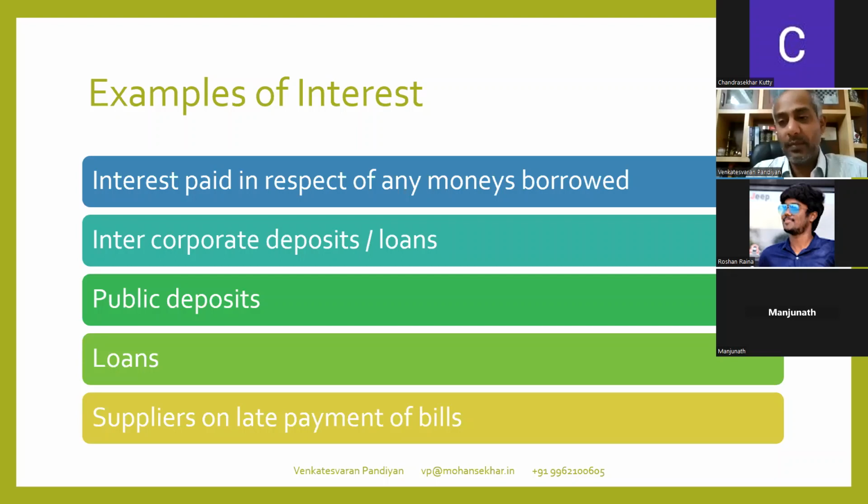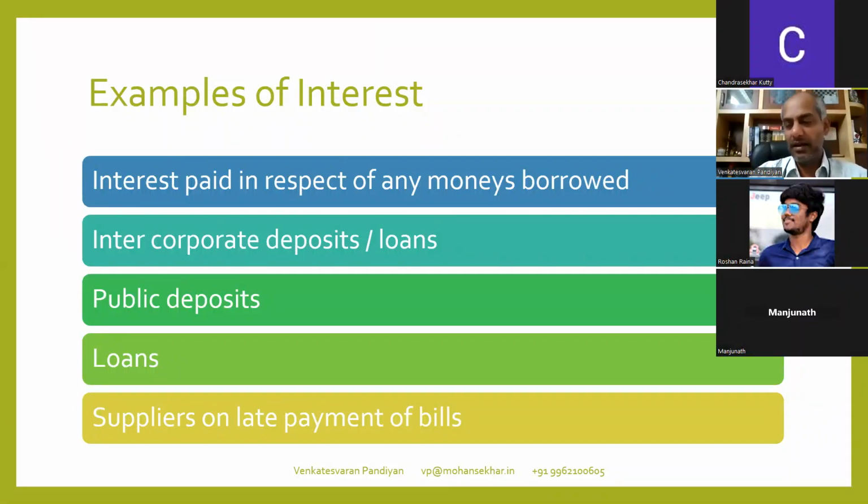Supplier, on late payment of bills. What is this? It is very common that I buy goods from a supplier who supplies goods to me, and there is a delay in payment of money to the supplier, and the supplier charges me interest.